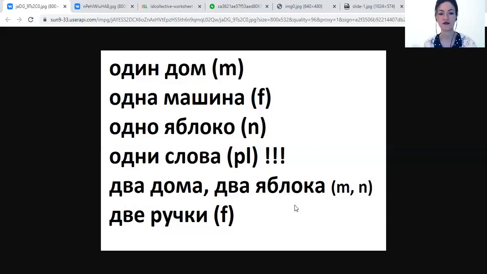But if the noun is feminine, you need to change it: не два, а две. For example, two pens, you would say две ручки. Very difficult and very different from all European languages, I mean, like Spanish or Italian or Swedish. I think you don't have something similar to this.